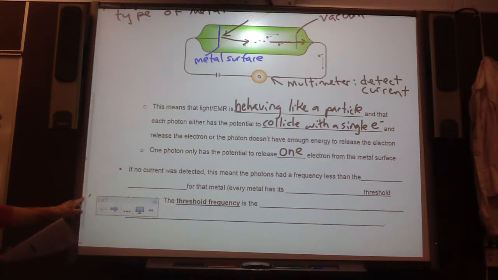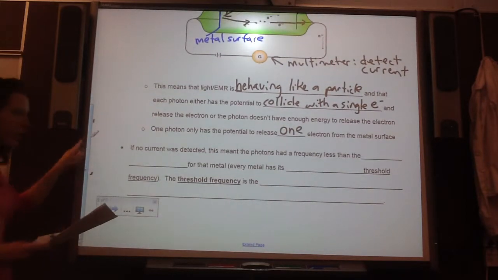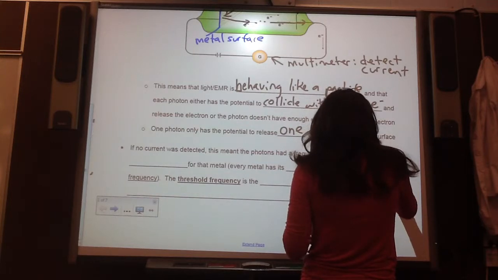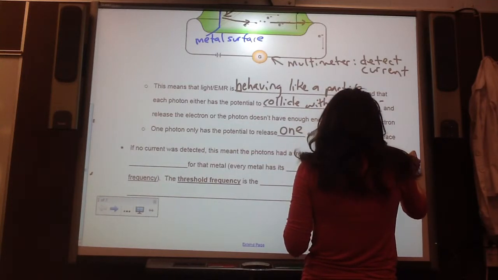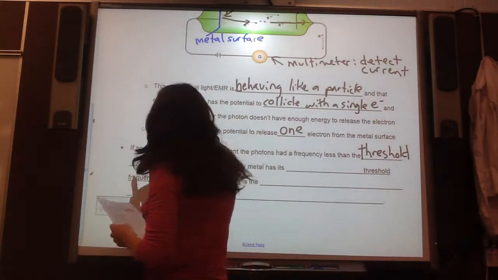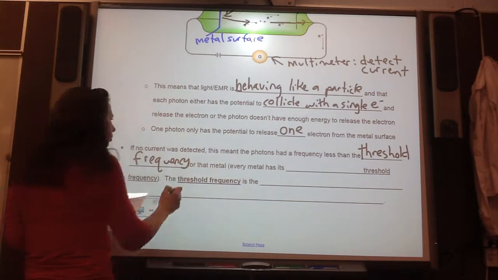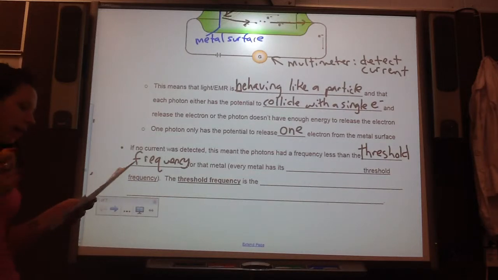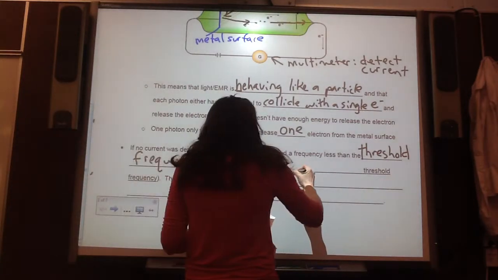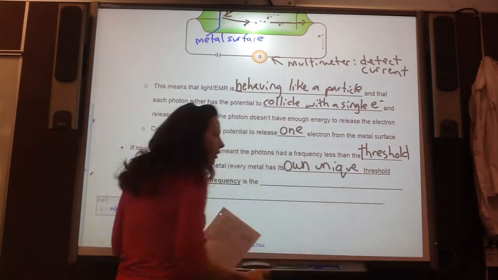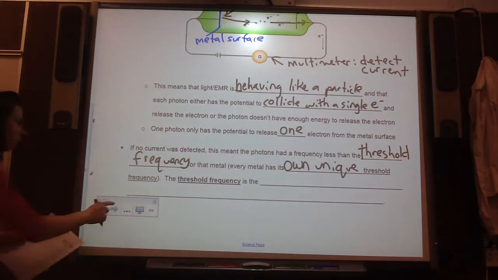If no current was detected, this means that the photons had a frequency less than the threshold frequency for that metal. Every metal has its own unique threshold frequency.